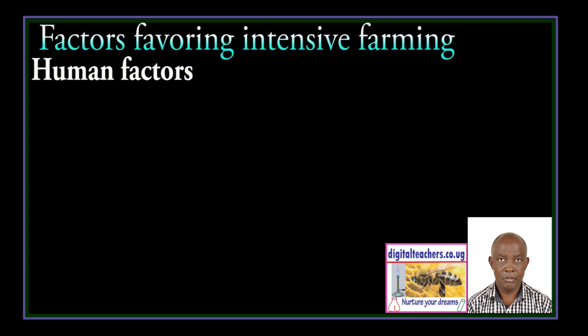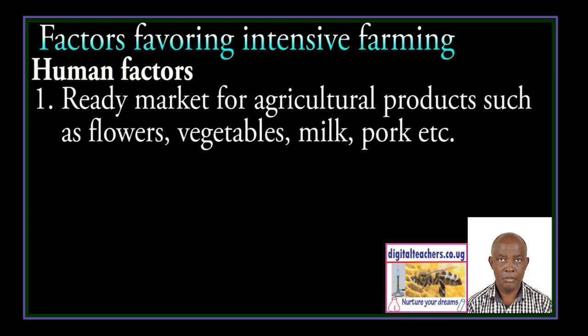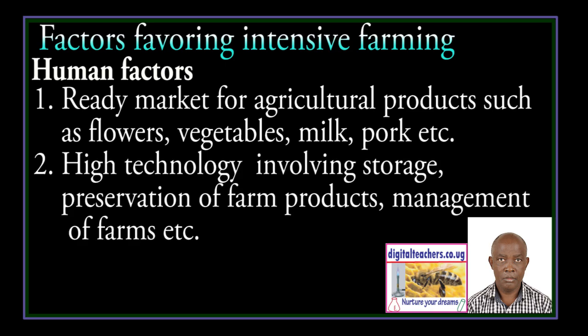Human factors. Ready market for agricultural products such as flowers, vegetables, milk, pork, and so on. High technology involving storage, preservation of farm products, management of farms, and so on.